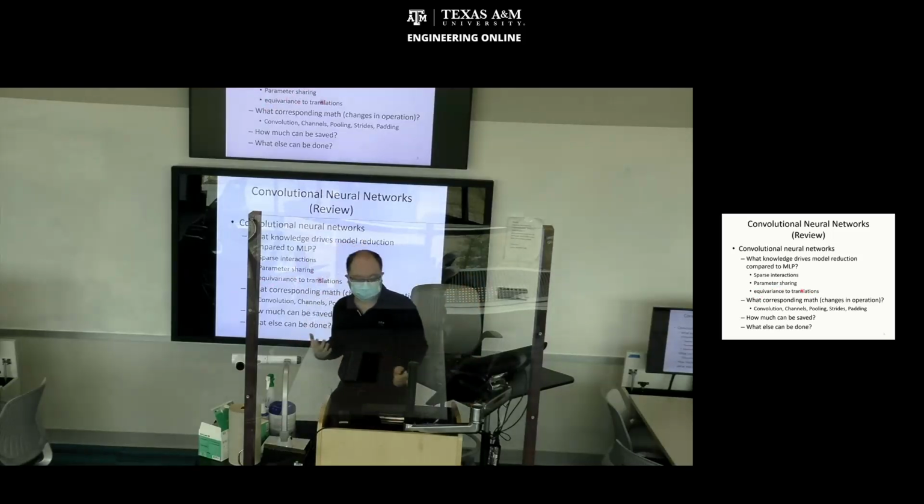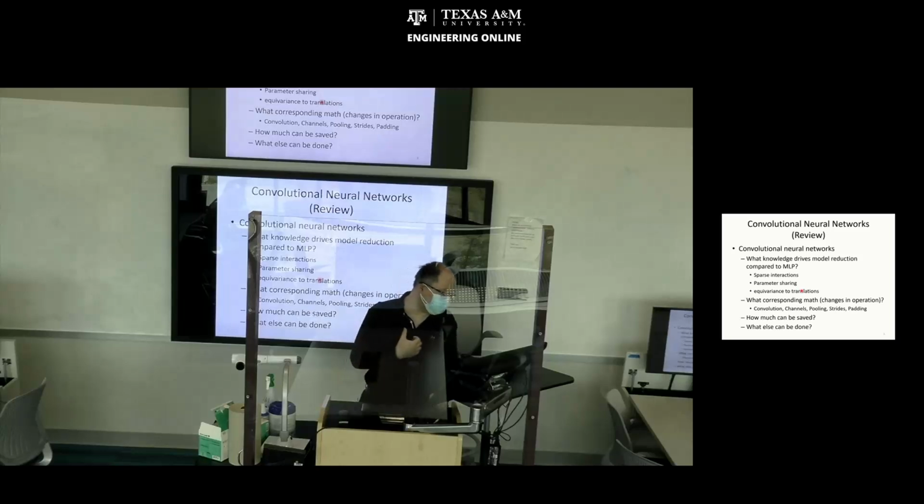Motivated by these desired properties, we introduced the corresponding mathematical operators, such as convolutions. We spent a lot of time talking about the fact that convolution actually caters to these desired properties, and actually it's much smarter than it appears, right?